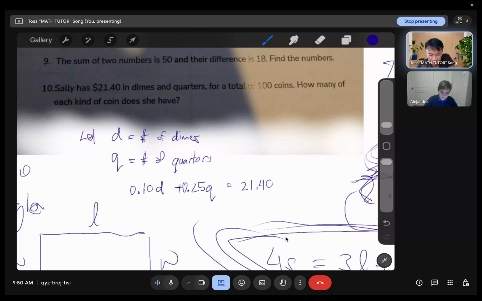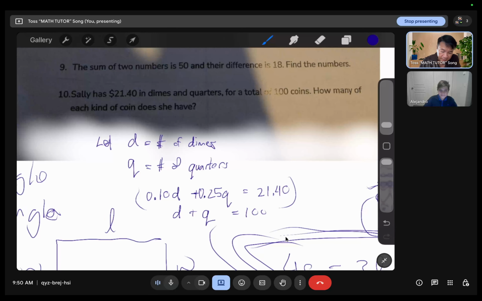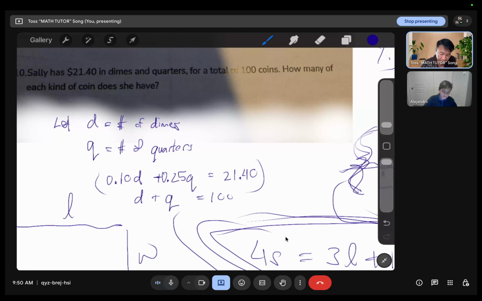But no, let's write the second equation first. It'll be D plus Q, just the number of coins, equals 100. Okay, I know you know this one. Now you could fix the first one by multiplying everything by 100. They do this just to make sure that you can do it cleanly.